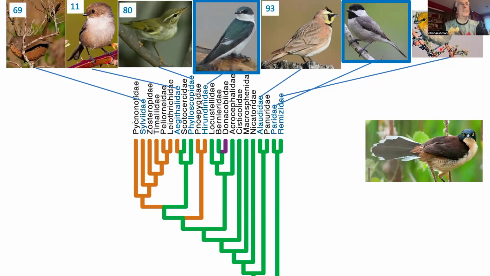Just to check it out, Sylvioidea, which used to include Paradoxornithidae, has 69 species, of which we have 1. The winner, though, would be the larks, which have 93 species worldwide, of which we have 1. Why is this? I don't know.